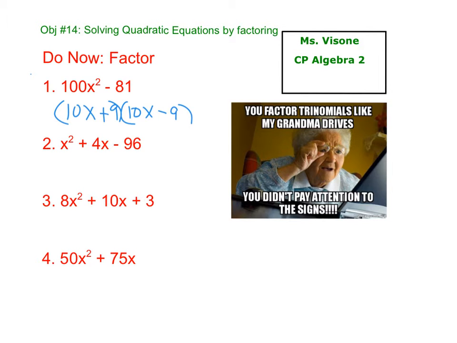Number 2, that's an MC chart. There's 3 terms, nothing in front of x squared. So we are multiplying to negative 96, combining to 4. Let's see.